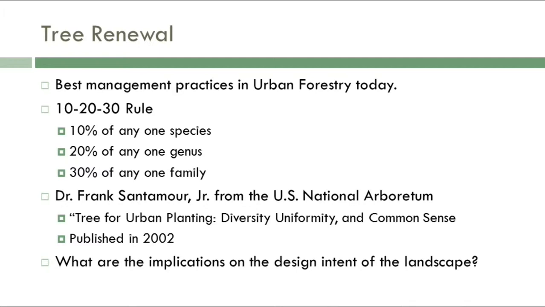So you can get to uniformity, especially along roadways, not using the same species, but maybe even using different cultivars of the same species or different species of the same genus. So I just want to encourage you to think about these things when you're renewing your landscape. Another important part is how you'll plant them.